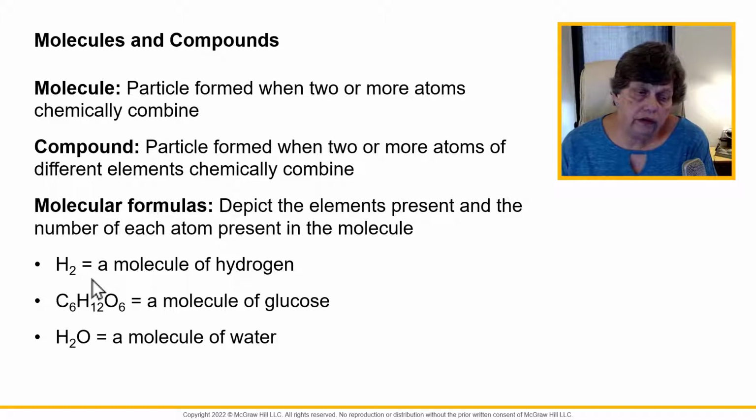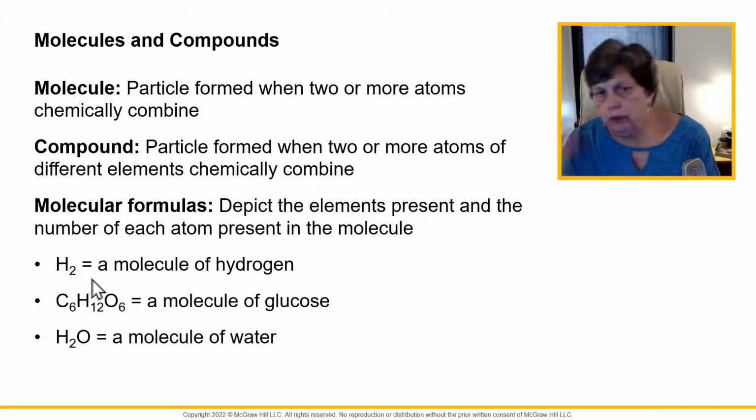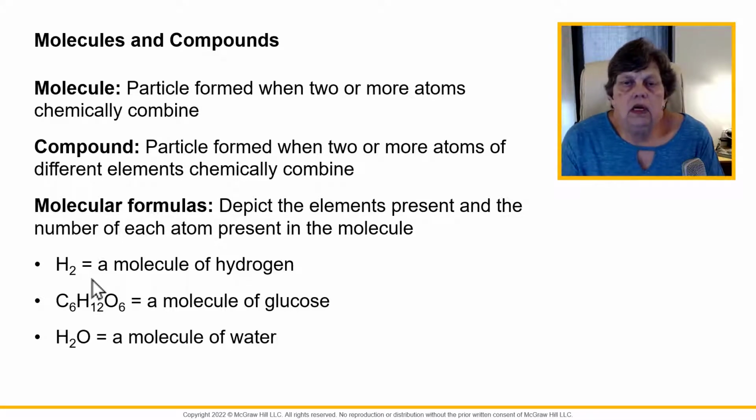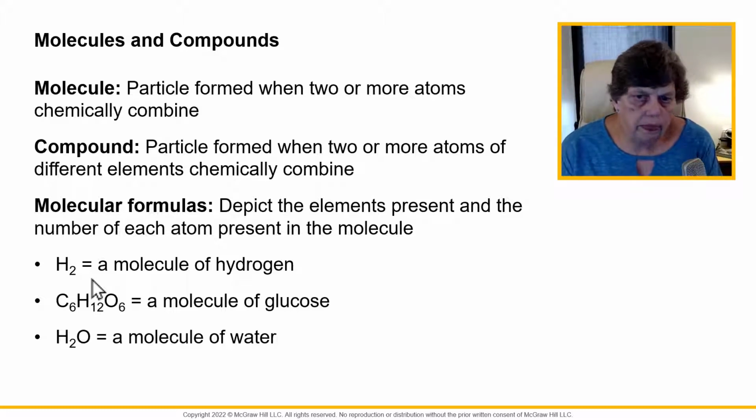Well, most of what we use, we put these together in different things. So we make molecules and we make compounds, and basically a molecule is where we take 2 or more atoms and combine them. They can be the same element, they can be different elements.